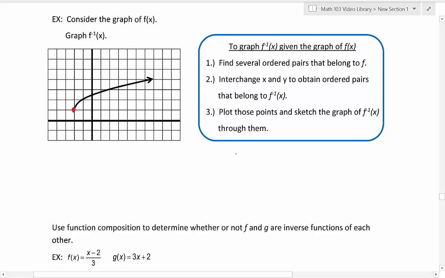So here's one. Our first point for f of x is going to be the ordered pair (-2, 1). Next, I see we have a point here at (2, 3). And lastly, we have a point at (7, 4).